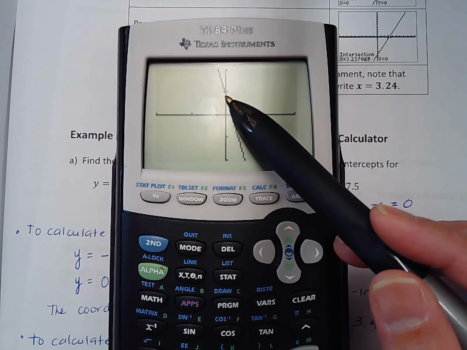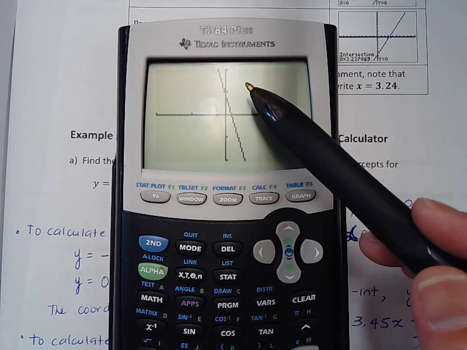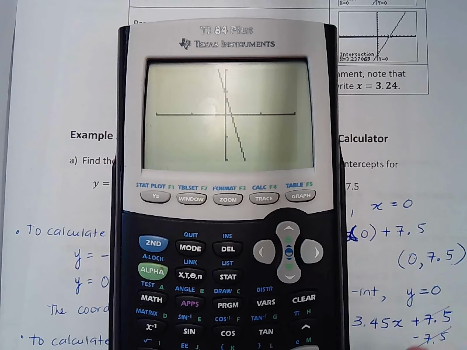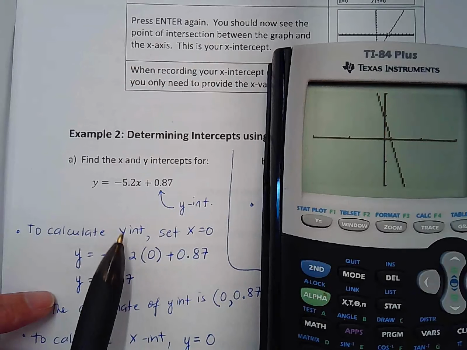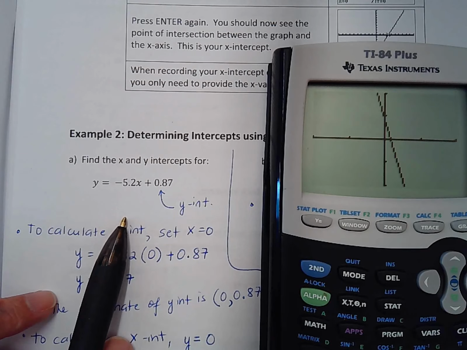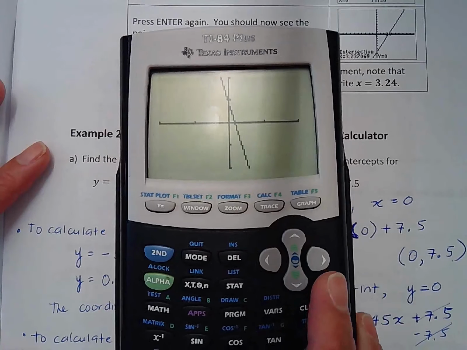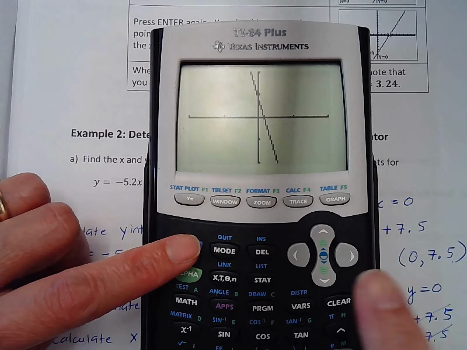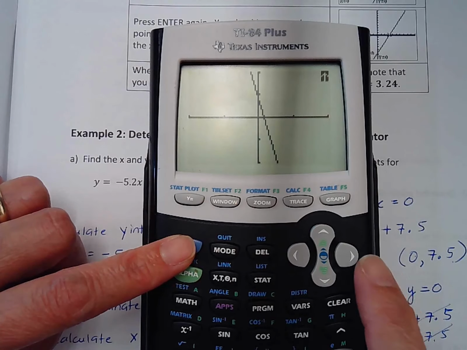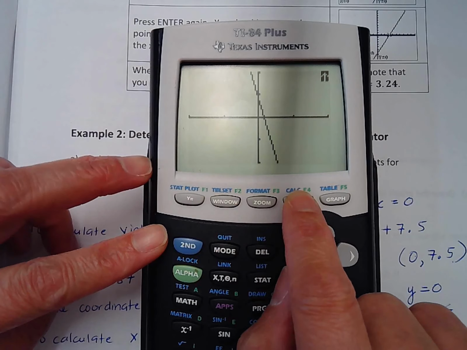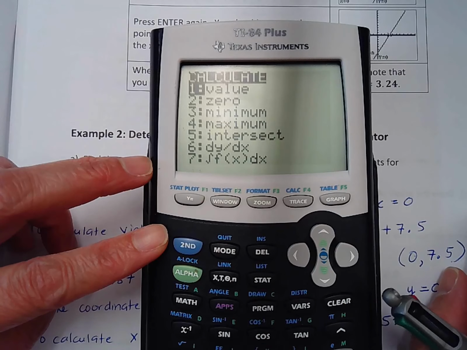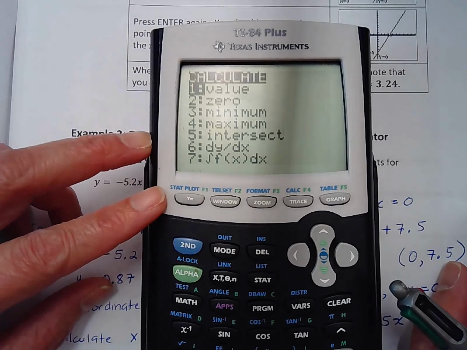How can we figure out the y-intercept? Okay, what did we say? We know x is 0. So how can we do that? You can go second function, trace. I know you know this already. Second function, trace. What are you going to do next?